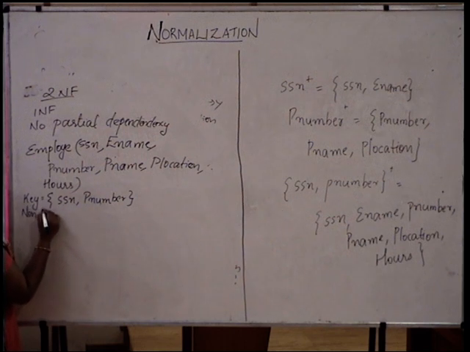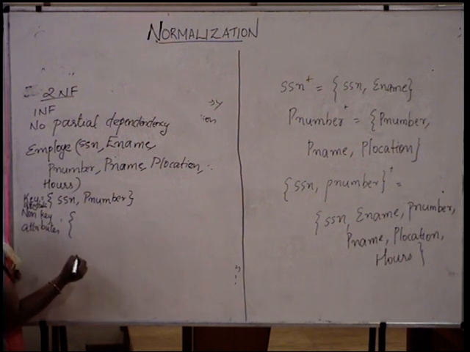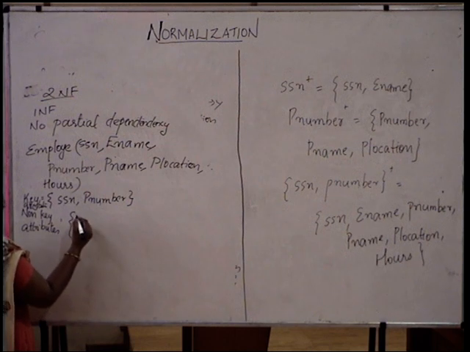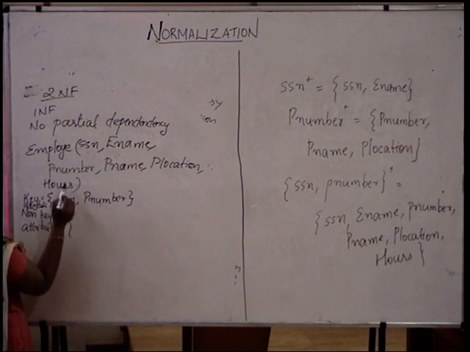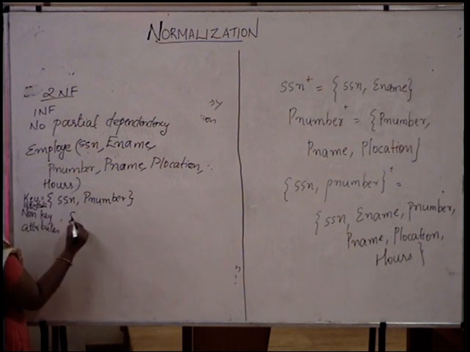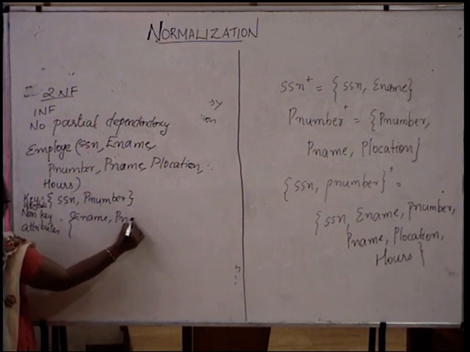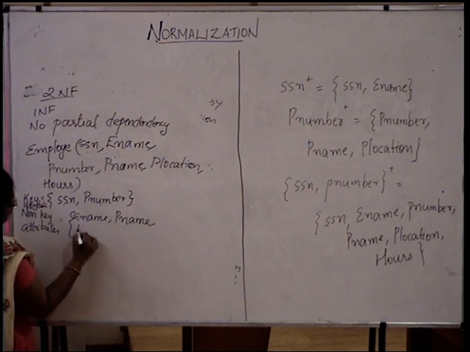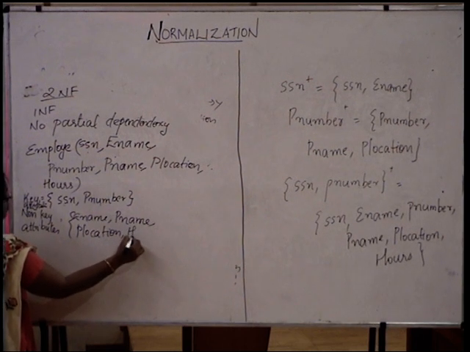Non-key attributes are all the attributes minus the key attributes, that is all other attributes: E name, P name, P location, hours.